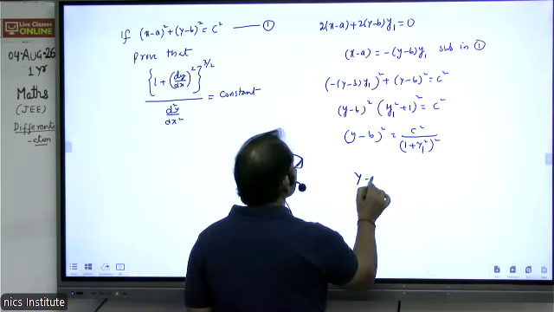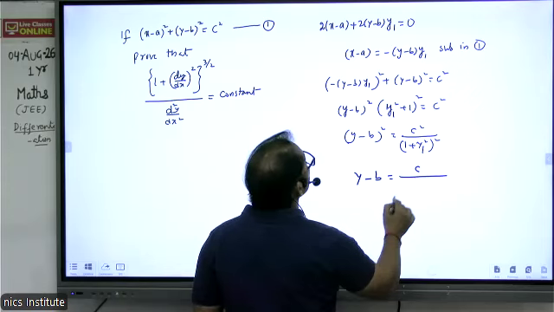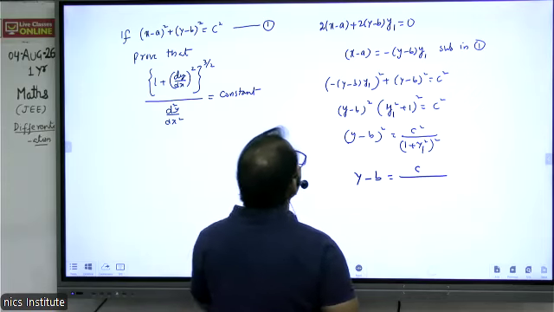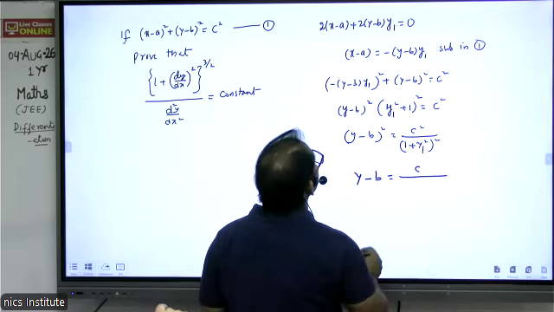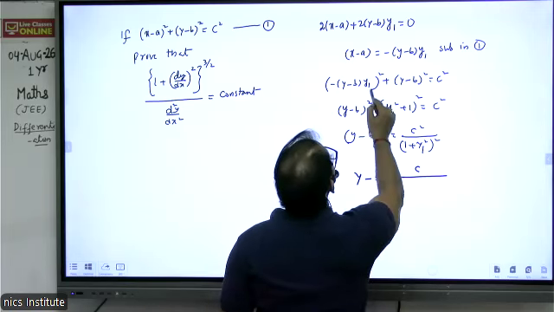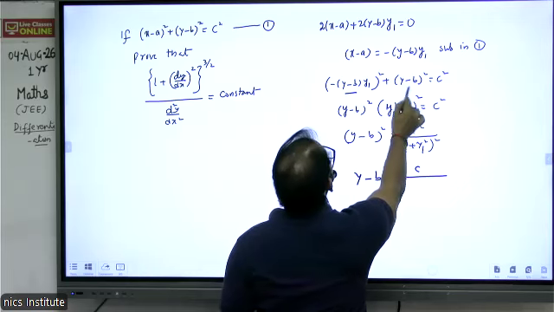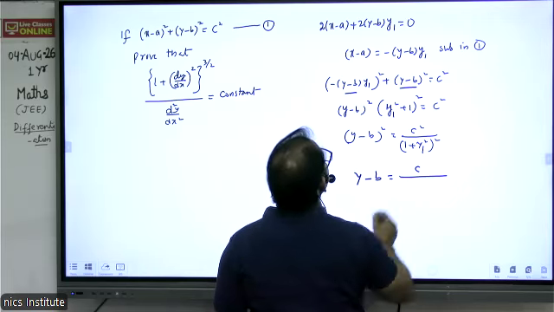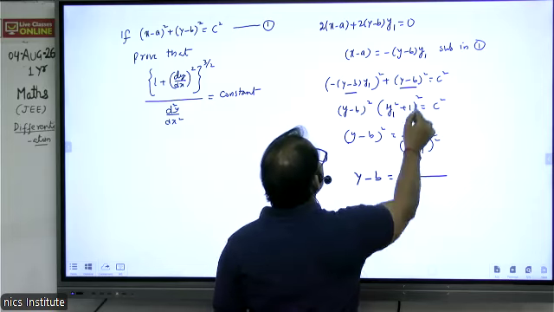Take root. ये कॉमन ले लिया ना. ये इसका स्क्वायर नहीं है.